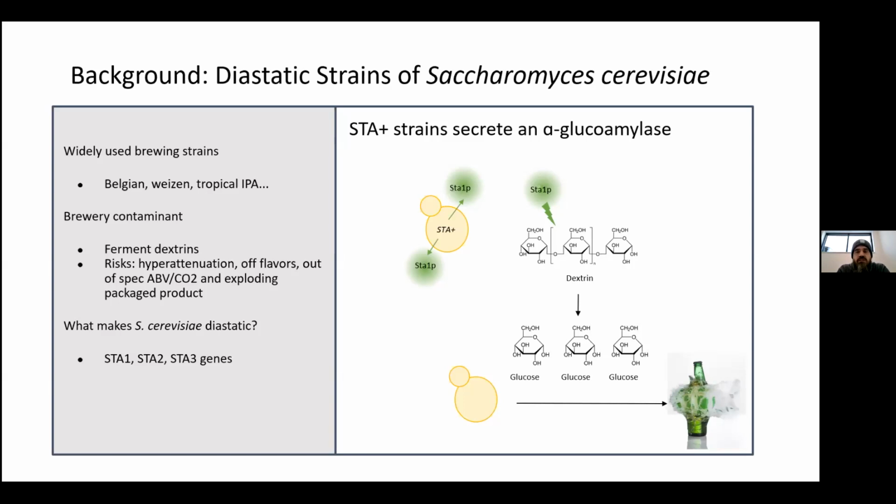If you were to cross-contaminate your cultures, and you don't notice it during fermentation, you go to package, you could have problems with overcarbonation. Now, overcarbonation is not always due to diastaticus. There are other things that cause that, like hop creep, outside the scope of what we're talking about here today. But one of the things that can cause a big problem is diastatic Cerevisiae. Okay, so there's enough about the background there.